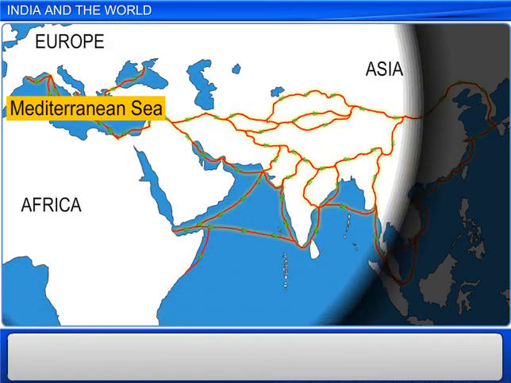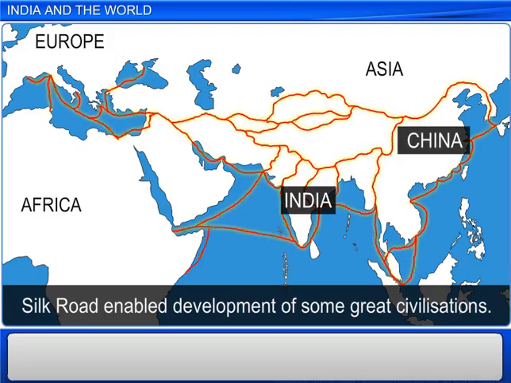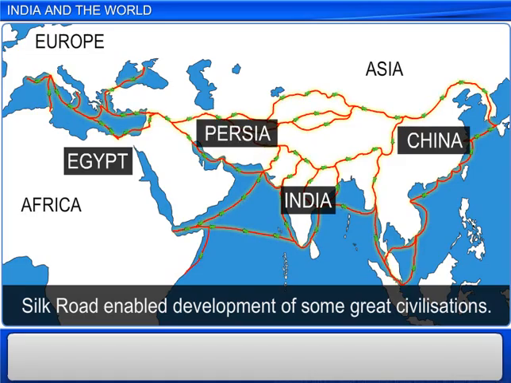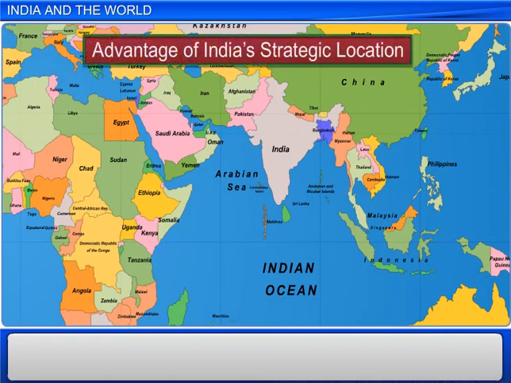The Silk Road was a significant factor in the development of great civilizations in China, India, Egypt, Persia, Arabia, and Rome.